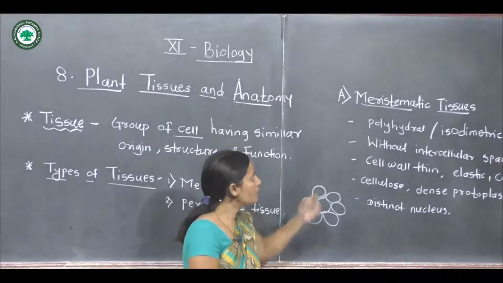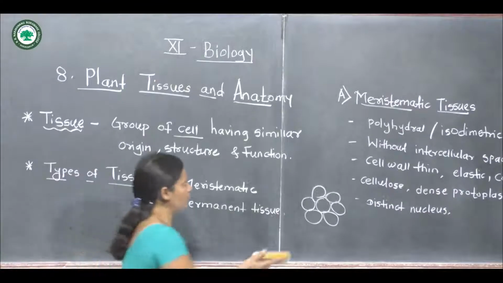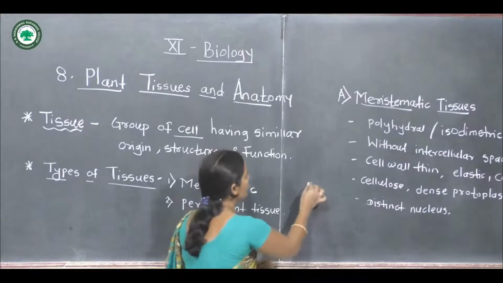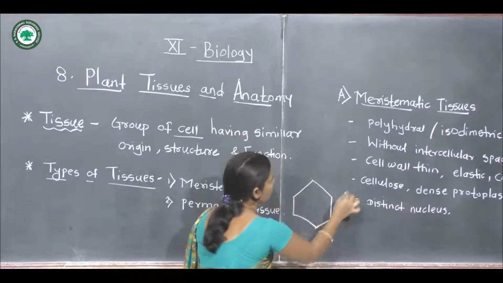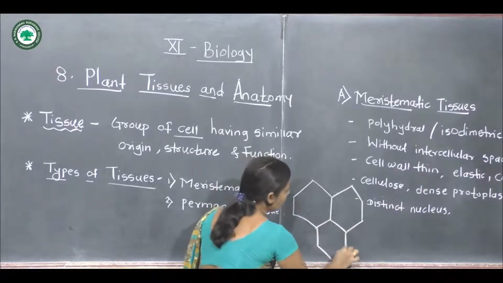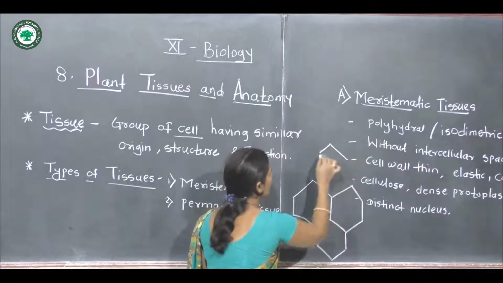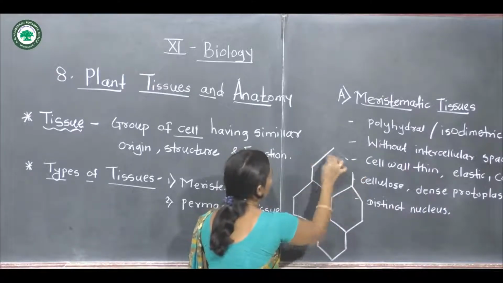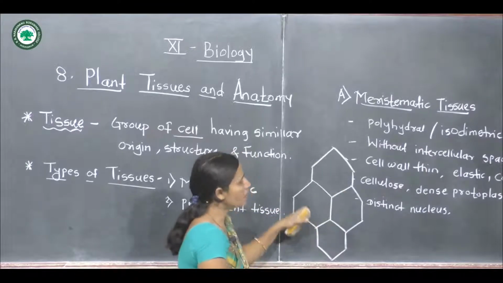Now the structure of this meristematic tissue: it is made of polyhedral or isodiametric cells. These meristematic tissues are compactly arranged cells, without intercellular spaces.